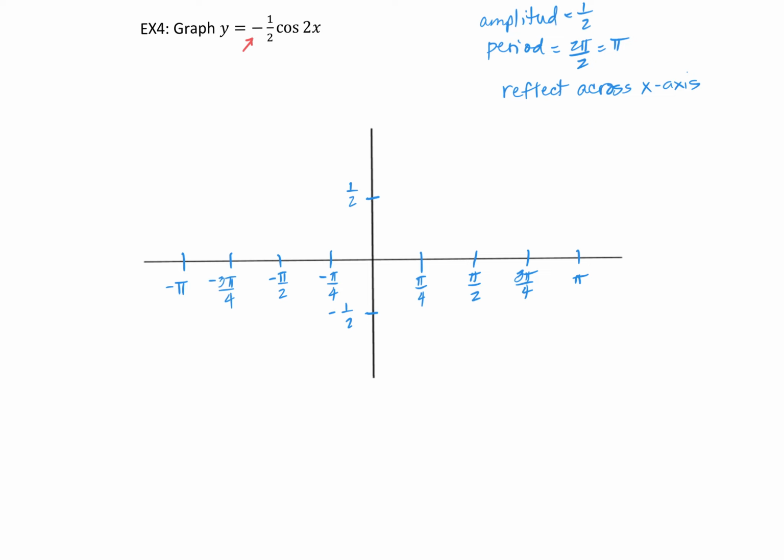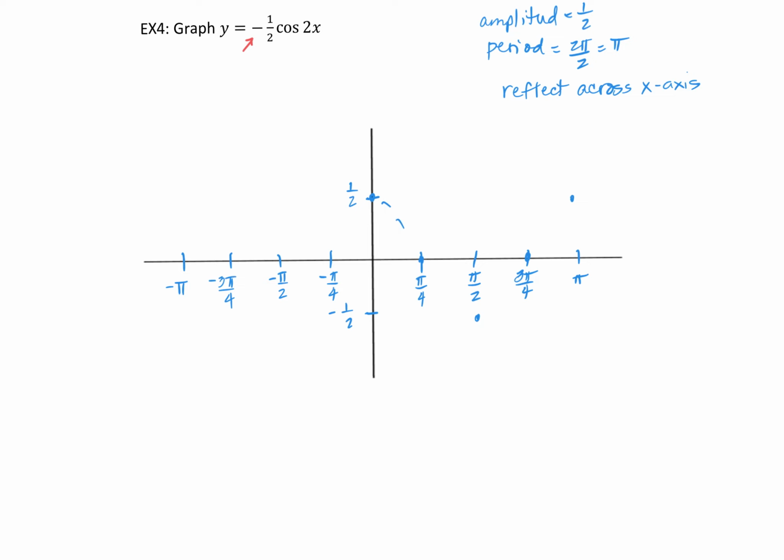And this is cosine, so it's going to start at the 1/2. It's going to go down. What I'm going to do is maybe I'll just do the points. I'm not going to do the reflection yet. I'm going to just do the regular 1/2 cosine of 2x. So it starts at half, goes to 0 at pi over 4, goes to negative half at pi over 2, back up, and ends.